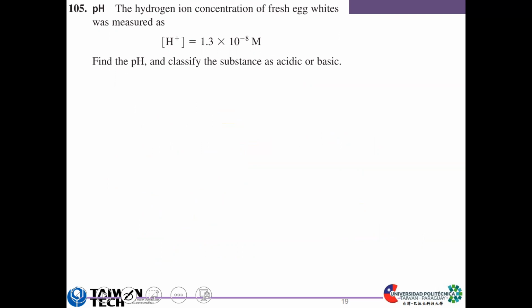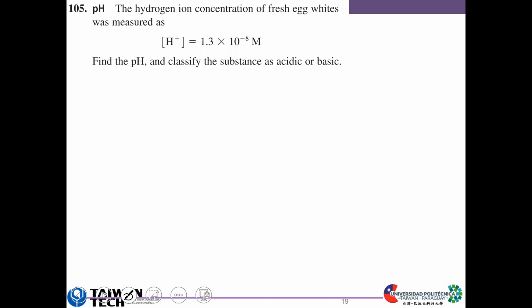Problem 105, pH. The hydrogen ion concentration of fresh egg whites was measured as the concentration of H plus is 1.3 multiplied by 10 to the power of minus 8 M. Find the pH and classify the substance as acid or basic.